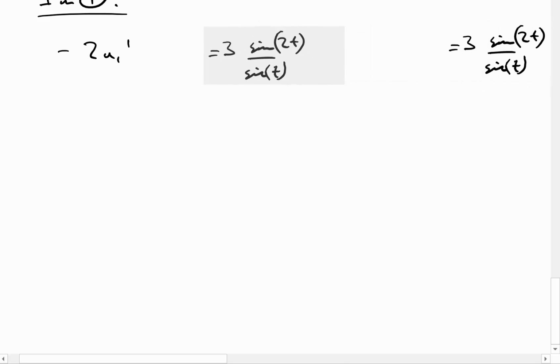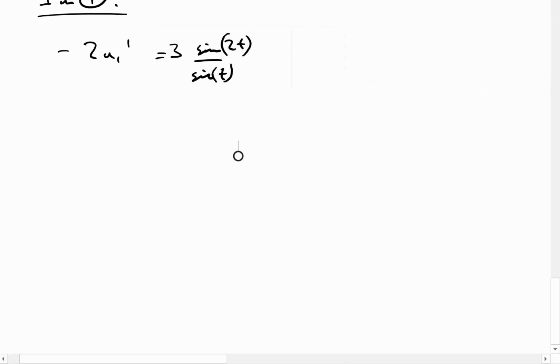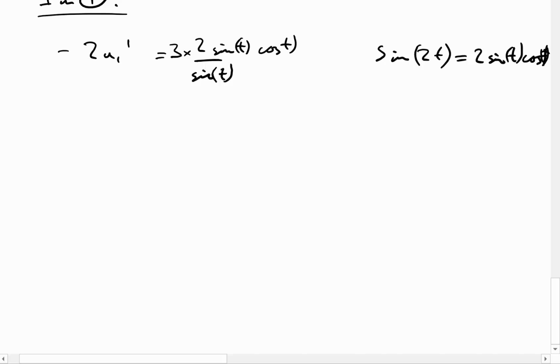Now what can I do here? At the moment that's looking a little bit nasty. Well, I can make a substitution. If you remember your double angle formulas, sine 2t is 2 sine t times cos t. So I can replace sine 2t with 2 sine t cos t.